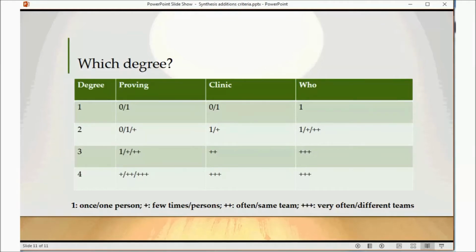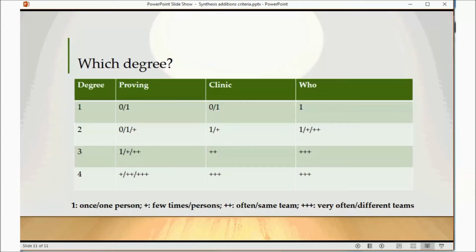Why? Because we get submitted these urgent requests. Someone made a proving and had a cure, and more than one cure, and then someone else had a cure. Yes, it's totally confirmed in the clinic. It has to be 3rd degree, maybe 4th degree. It's very important, the symptom for this remedy, and we have it in the proving, and we have many cures, but it's all the same team, you see.